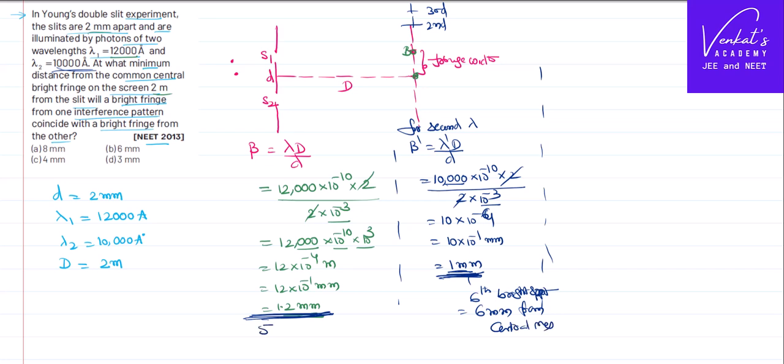Here, where is the fifth bright spot? One bright spot is at 1.2 from the center, and 5 means 6 millimeter.